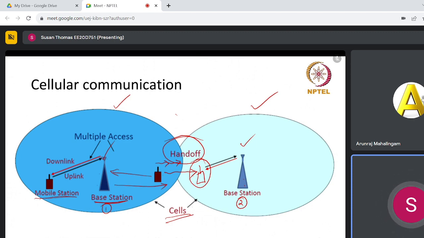That is when we have a small breakage of the signal at the point of handoff. I hope this is understood. The signal to noise ratio will depend on the transmitted power, the distance to the base station, etc. Any doubts with respect to this explanation of cellular communication, please ask, or I'll move to some of the questions.